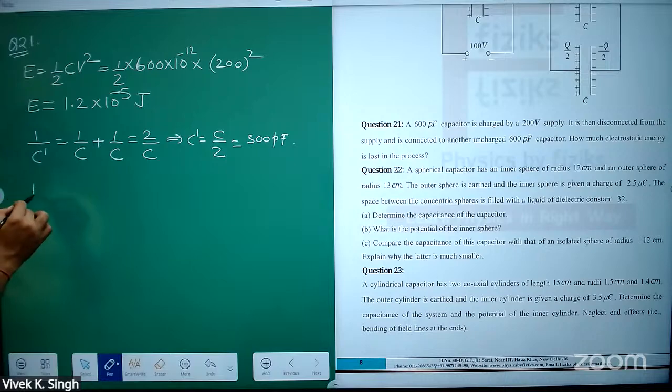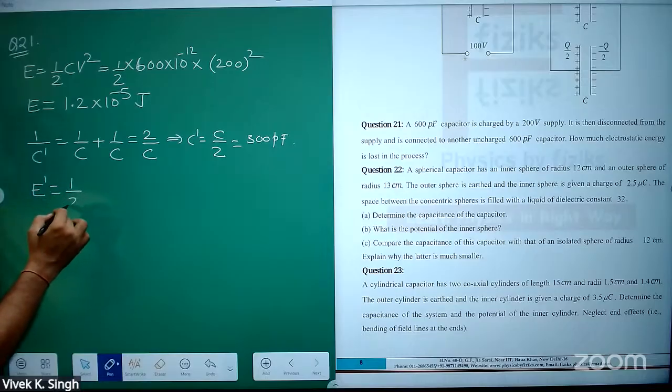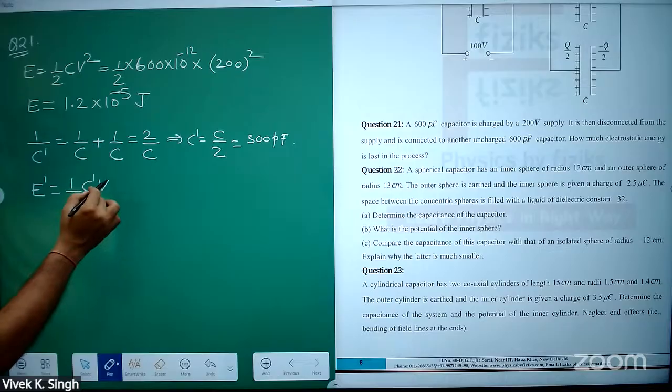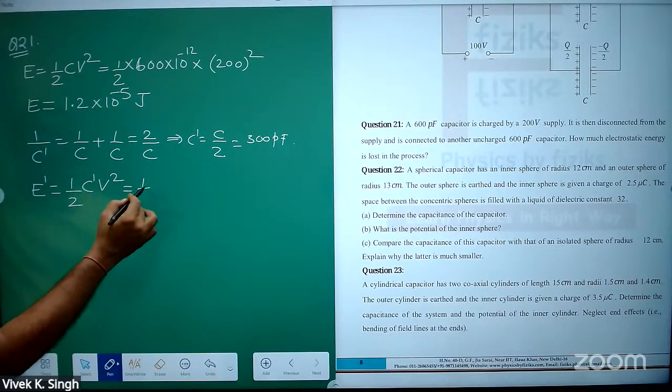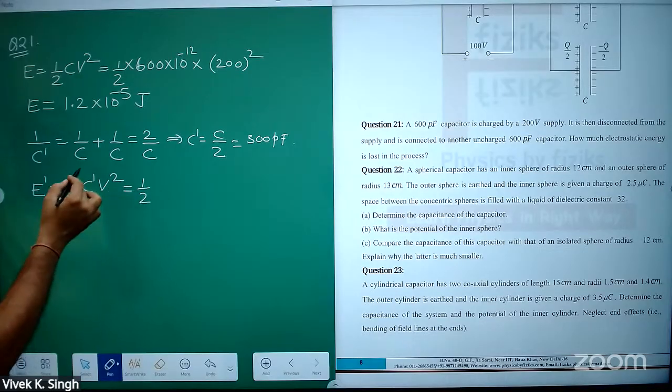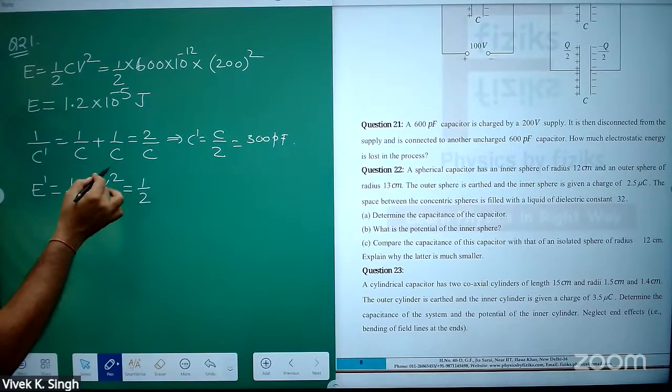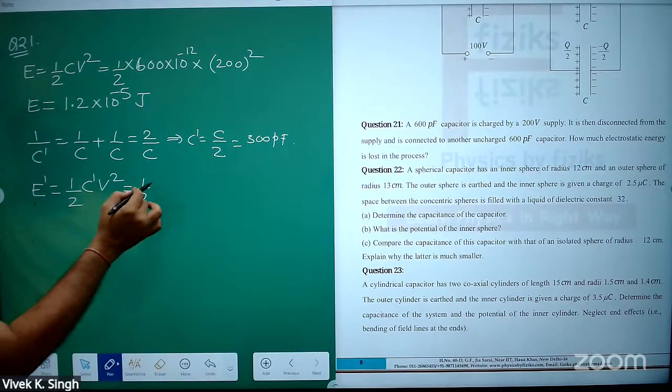Now the new electrostatic energy is given by half C dash into V square. So this is half because I have taken the combined capacitance. The total voltage will be 200.